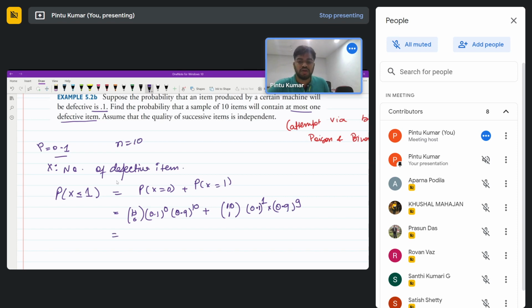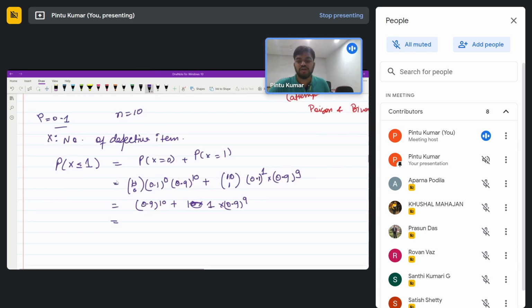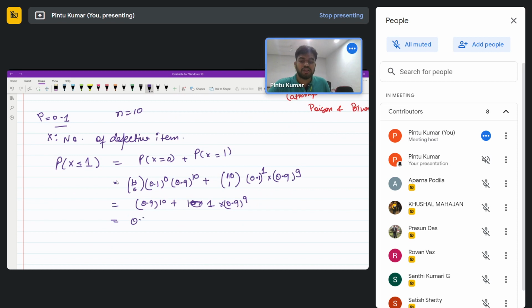So this is 0.9 to the power 10 plus 10 into 0.1, which is again 1, into 0.9 to the power 9. I'm using a calculator here; you can calculate it. I think you should get something like 0.7361.